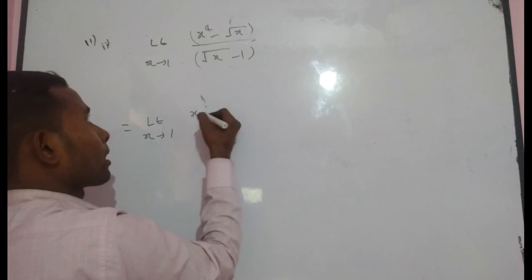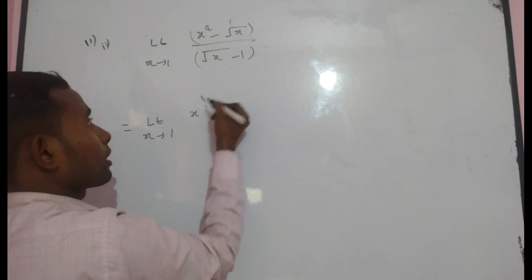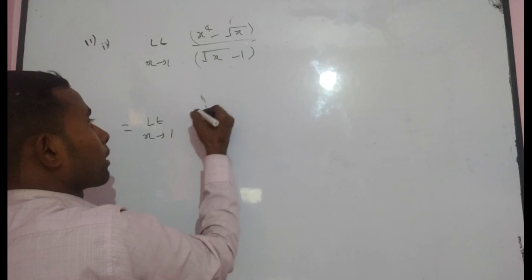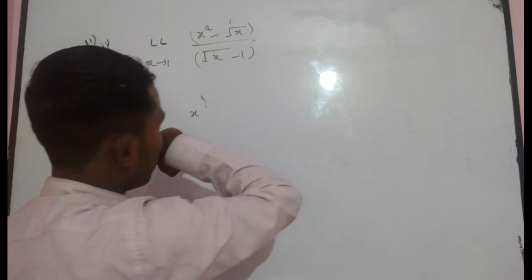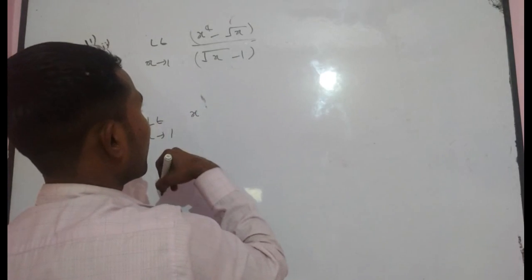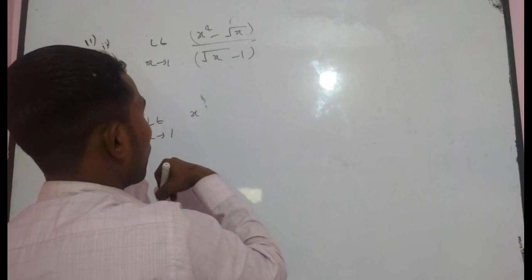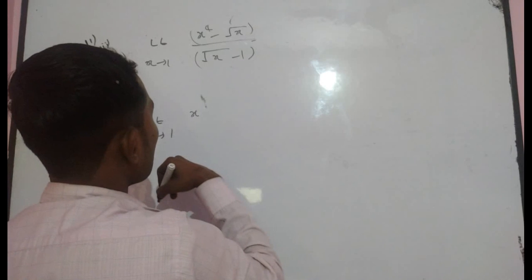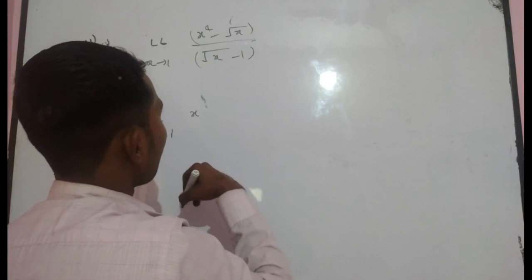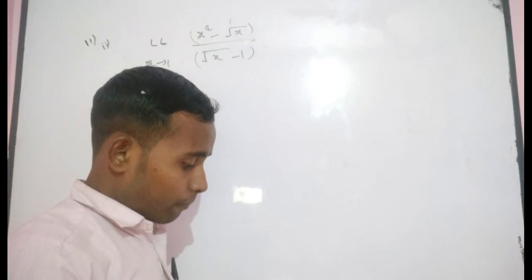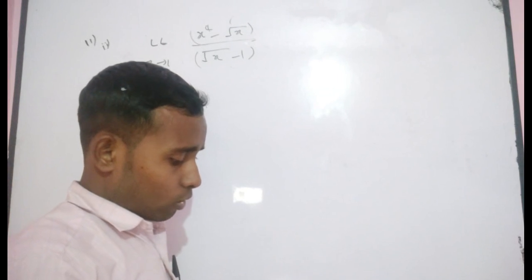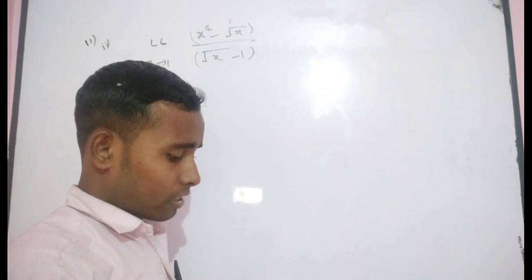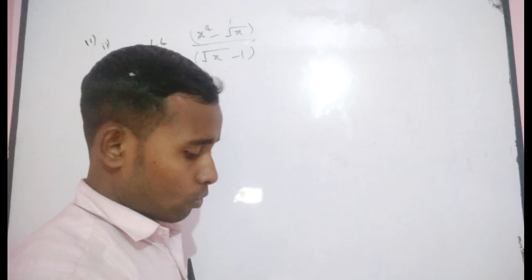Suppose you take common here root x to the power 3 by 2, it is more than the required factor. Wait, one minute. Root under x to the power 4 minus root x, divided by root under x minus 1.